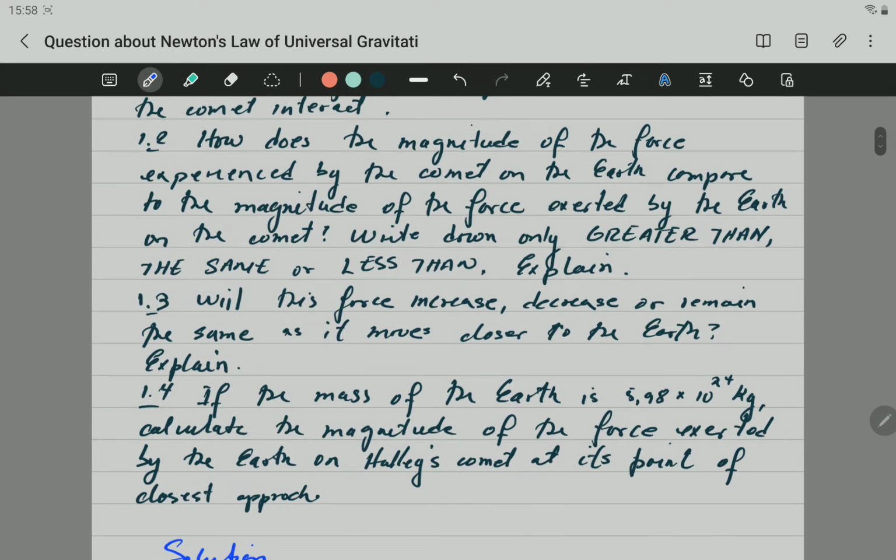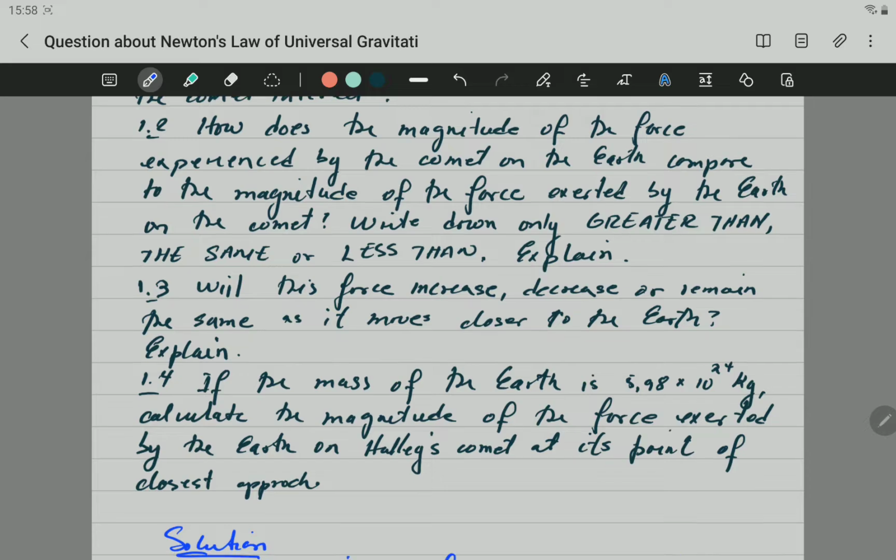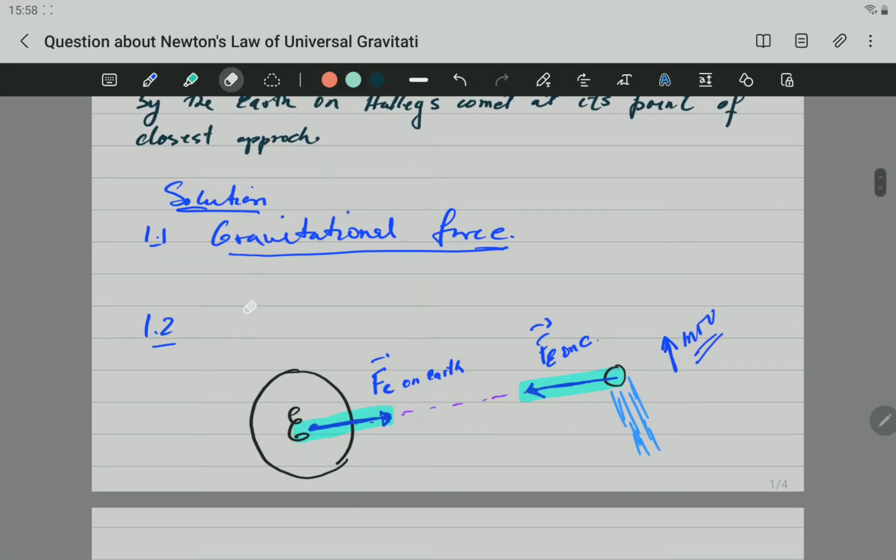Let's see what option they ask for here. They say the same. So the answer is the same. Why is it the same?